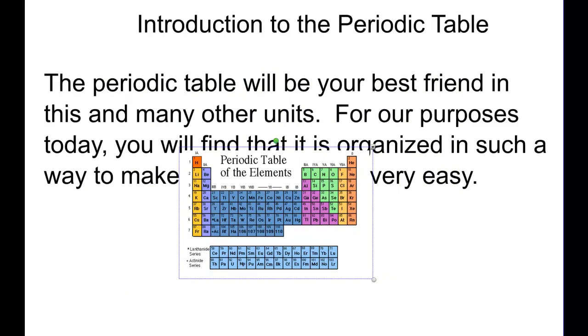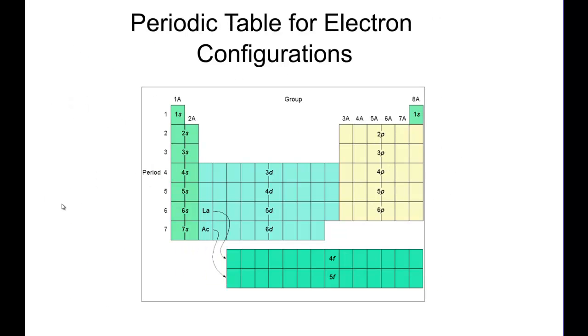Alright, so I've got a periodic table. Here's a periodic table that I've stripped the symbols and other information out. And what we have here is actually just the things we need for electron configurations and to find electrons. Okay? Now, some of these things will look similar. So we've got 1s, 2s, 3s, 4s, 5s, 6, and 7. Okay?